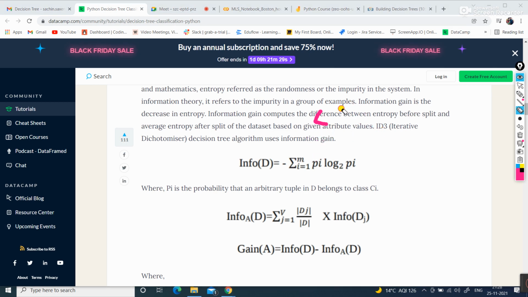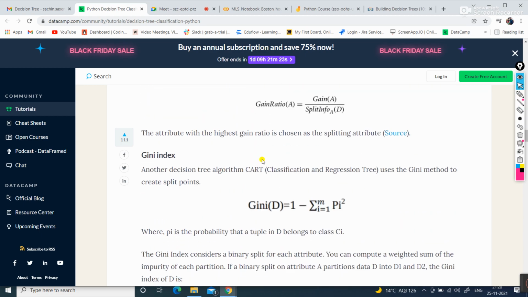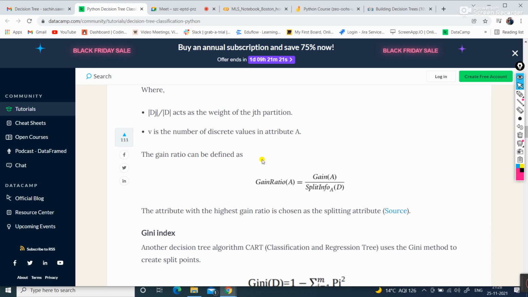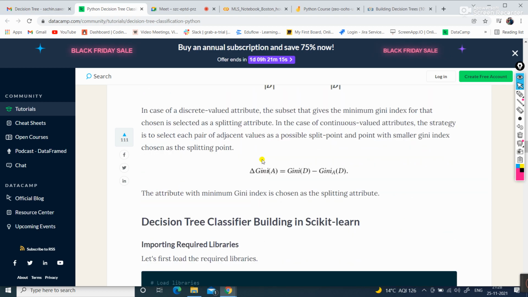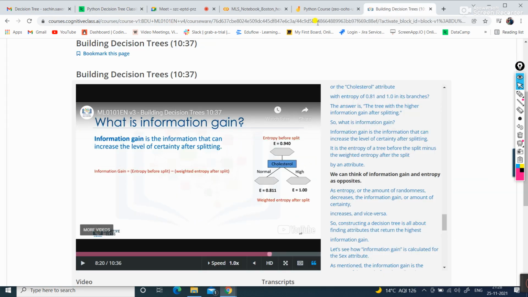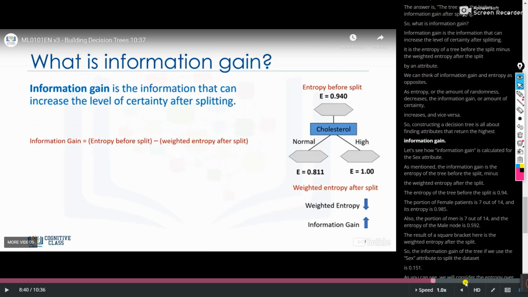So the goal is to lower the entropy, right? Because if you have one and four, and then you look at the next variable that gives you two, two, that means you're going to keep splitting until you lower the entropy.